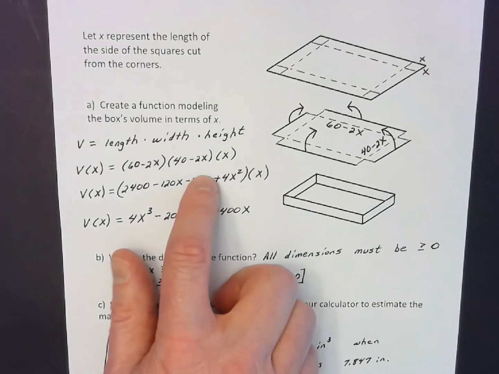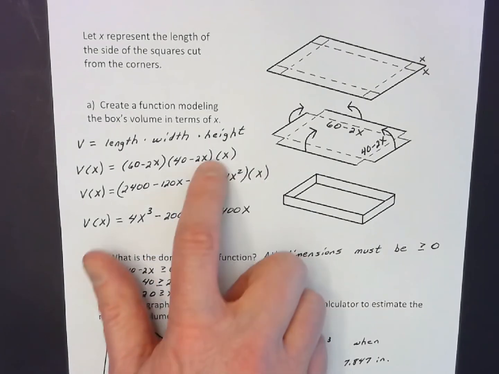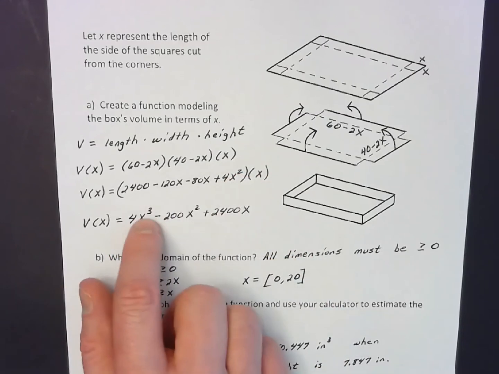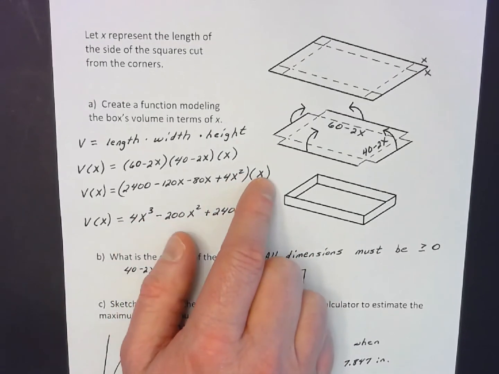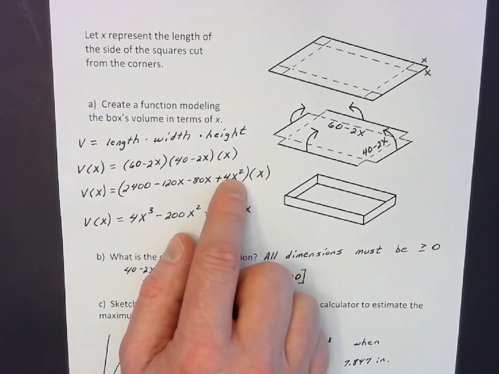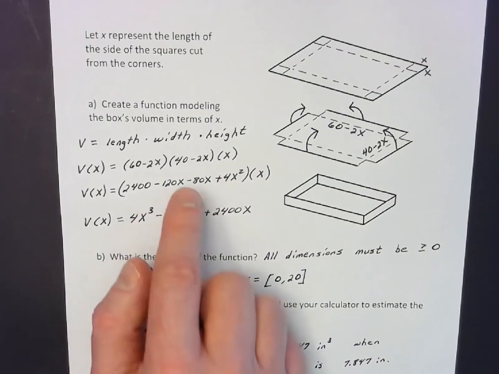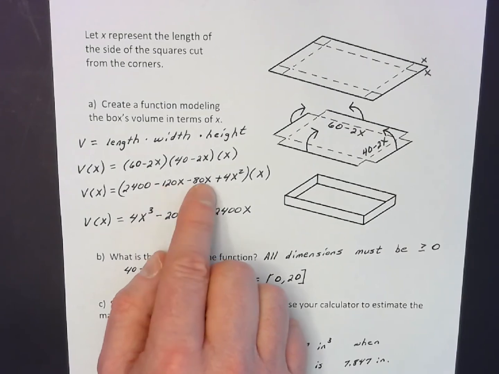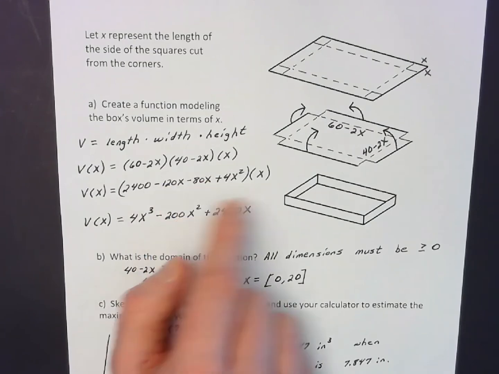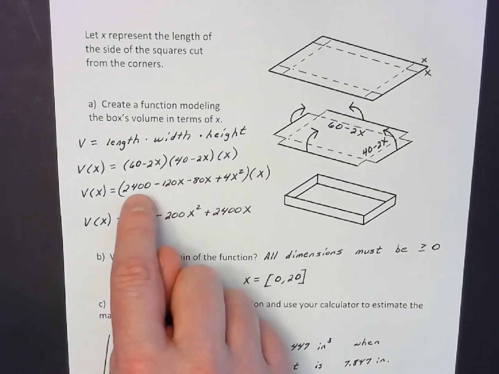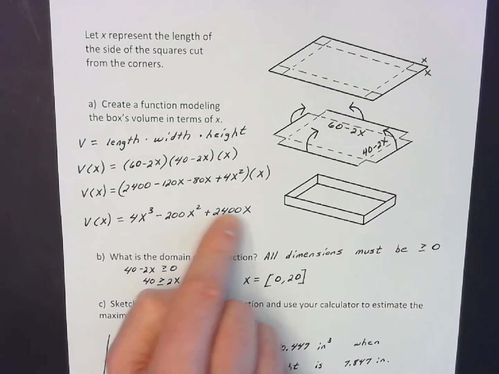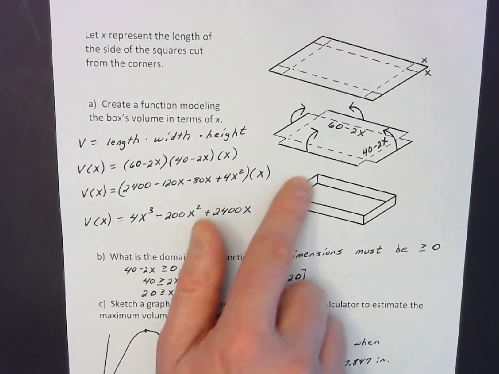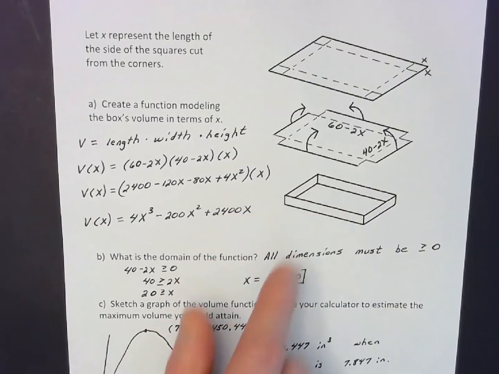So from here to here, I distributed that x throughout and wrote it in descending order. Typically we want our answers in descending order, so you'll have a 4x cubed. We know we'd have a total of minus 200x in here, so that became minus 200x squared when I multiplied by x, and then plus 2400x. So this is my volume formula for this box that's going to be created.